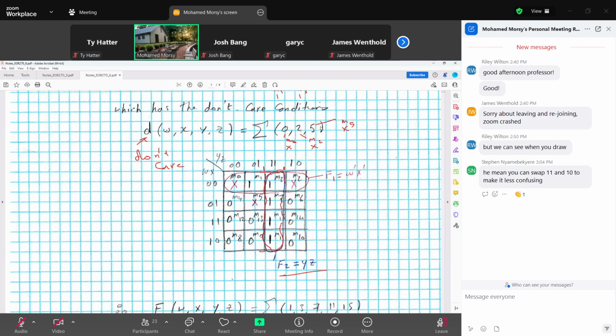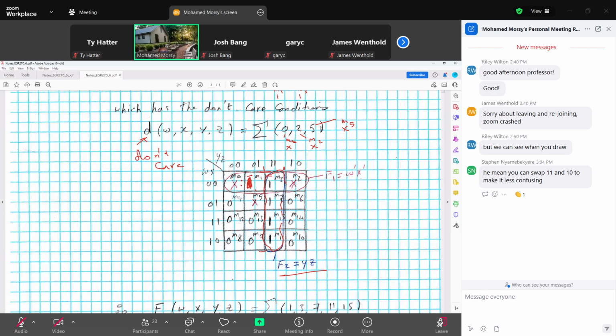Now we have this one left here. One may say, oh, I can take it in a group like this, with M3. Is this proper choice, do you think? Of course not. Why?